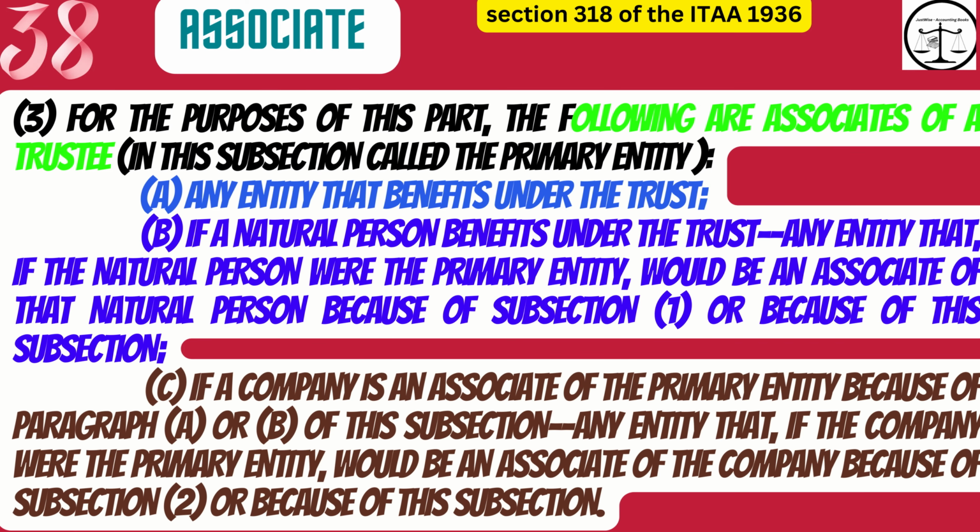C. If a company is an associate of the primary entity because of paragraph A or B of this subsection, any entity that, if the company were the primary entity, would be an associate of the company because of subsection 2, or because of this subsection.